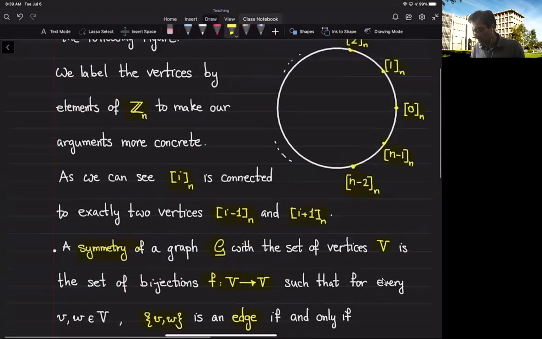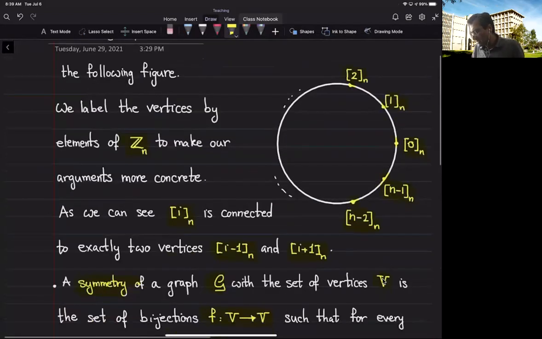Okay, look at this graph. The first thing that we notice is that every vertex looks like any other vertex. What do we mean by that? I can rotate the whole cycle and send 0 to any other vertex, and by rotating, I'm not changing the structure of the graph.